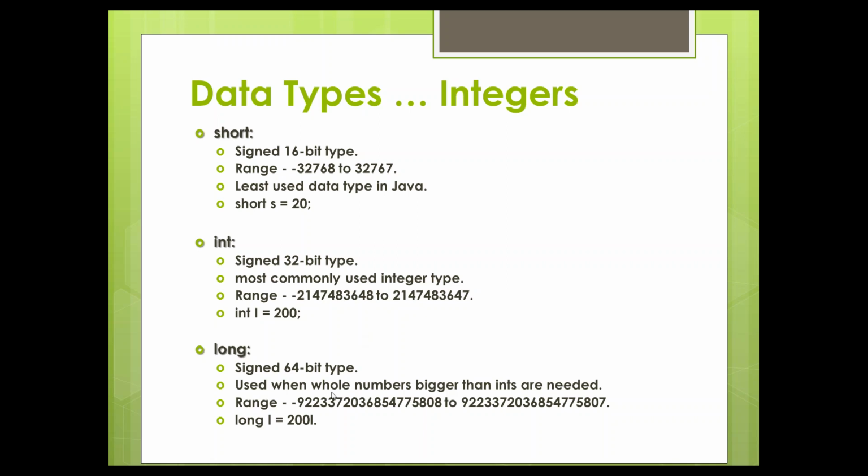Similar to that one, we have the long data type. As usual, it takes double of whatever the int data type takes. So the range is this much. By default, integers in Java are of type int, so if you want to declare a long variable, you have to qualify or suffix the value with either lowercase l or uppercase L. Otherwise it will show an error.